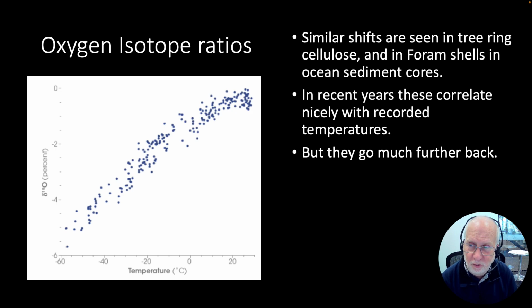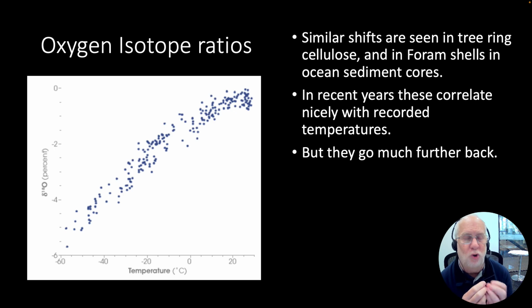You can also look at foraminifera shells, at the oxygen in the calcium carbonate, and look at the ratio of oxygen 18 to oxygen 16. This is a really difficult measurement to make because you're grinding up tiny amounts of shell and then measuring the oxygen, and you don't want to let any oxygen in while you're doing it. If you breathe on it while it's happening, it's going to get contaminated.